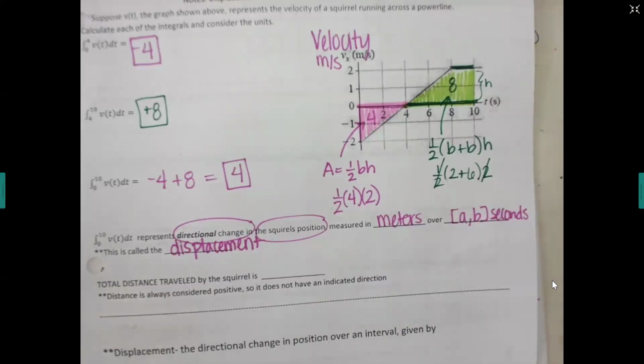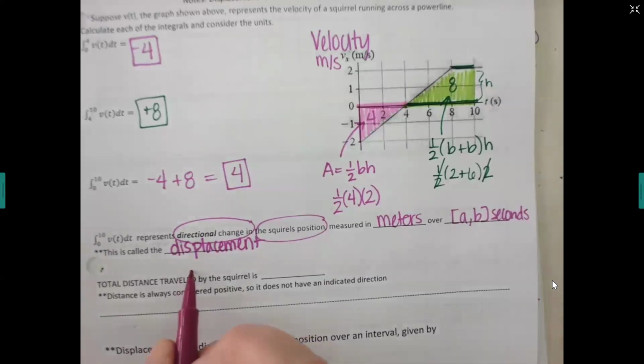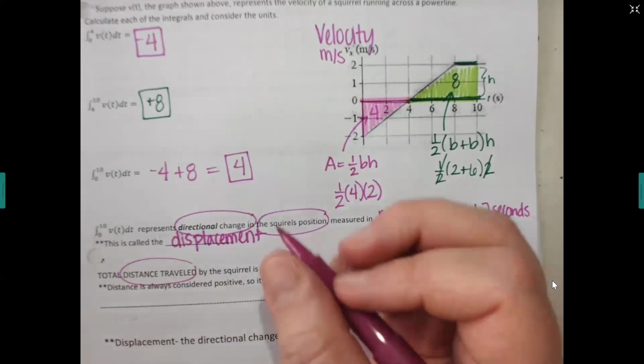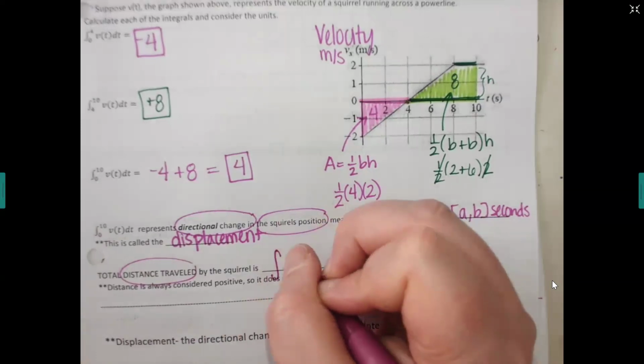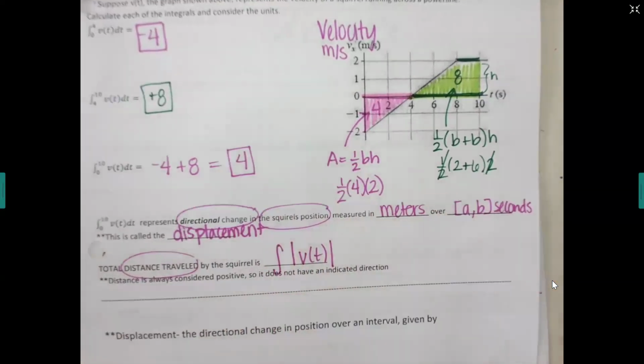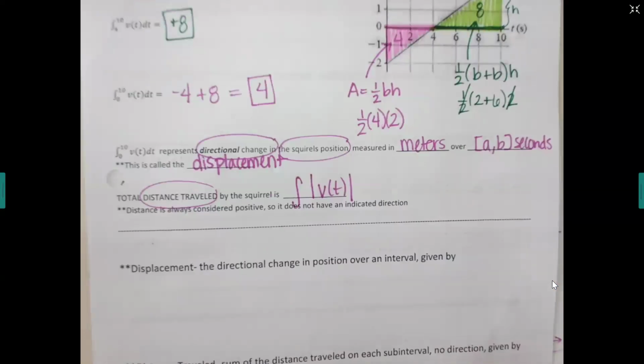Now, if you want to know exactly how far the squirrel ran, that would be called total distance traveled, and that would be the integral of the absolute value of velocity. Let me take one more stab at explaining this. I'm standing right here. I walk to the door, and then I walk right back to the same spot.